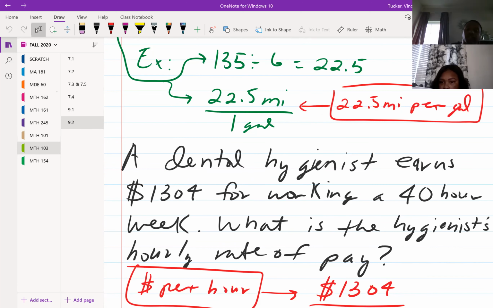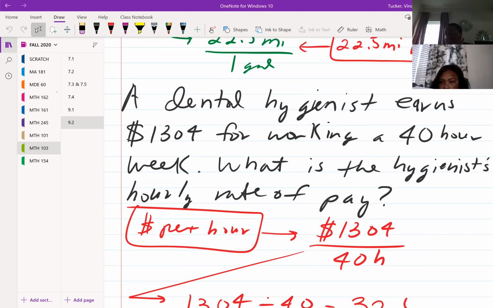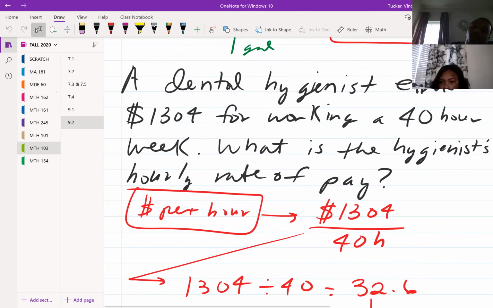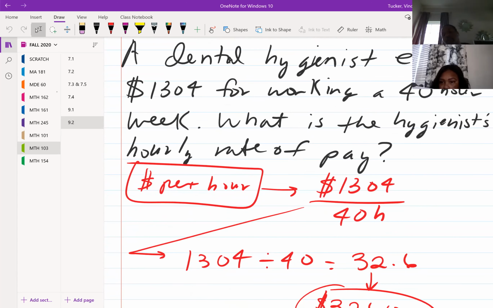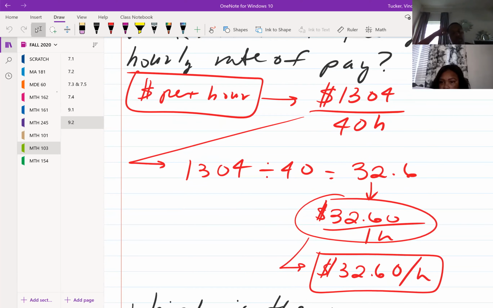So you take the dollars over hour relationship, 1304 over 40. Divide those, that'll give you 32.6. So that means you have $32.60 for every 1 hour, or in other words, $32.60 per hour.